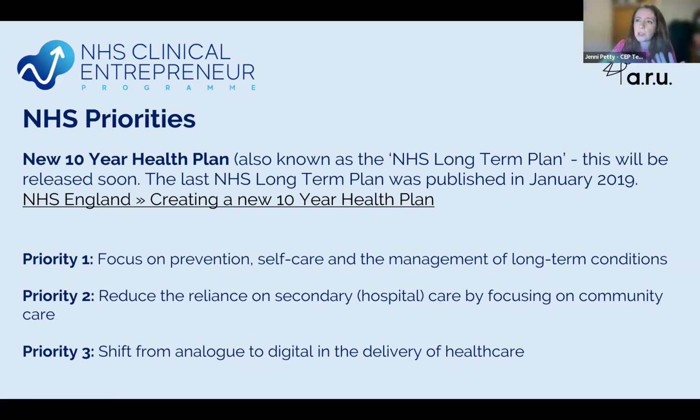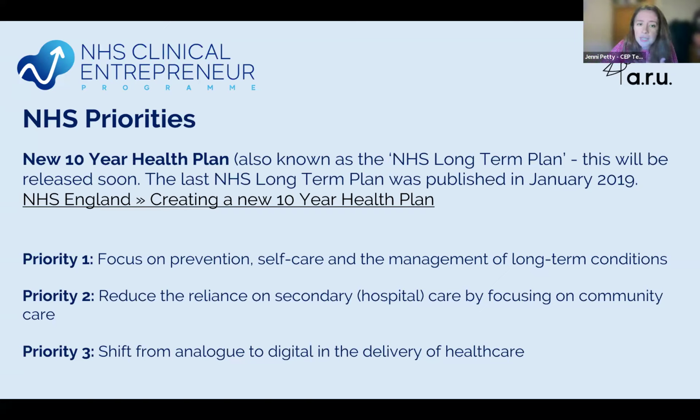And prior to its publication, there's been a lot of talk about what might be involved, and there are key priority areas that it's thought might underpin this plan. Firstly, a focus on prevention, moving away from the focus on sickness and instead putting a lot of effort into prevention, self-care, and the management of long-term conditions.